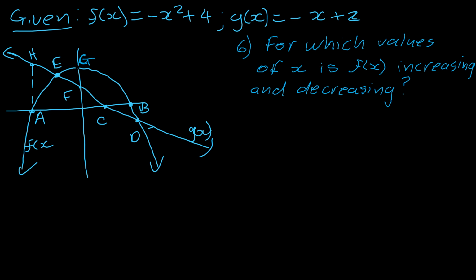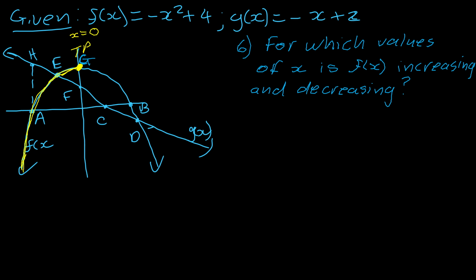Now from there, we need to go back to our graph and consider what our graph tells us. Now normally we're going to start at our turning point, which in this case is G. And we know that our turning point lies on the point where x is 0. Now we go from left to right and we're going to read our graph. As we move from left to right, we should notice that our graph is going up. So that means since your graph is going up, it is going to be increasing.